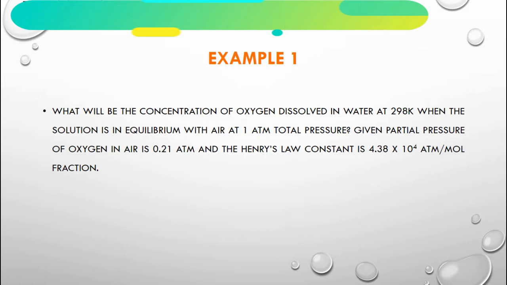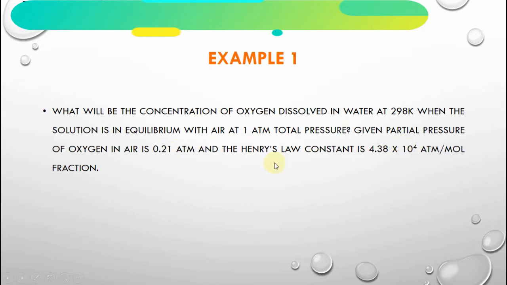Starting from this first example in your slide, this is a very simple case study on how we want to calculate the concentration of the oxygen dissolved in water, while the question gives you the value for partial pressure as well as the Henry's law constant.